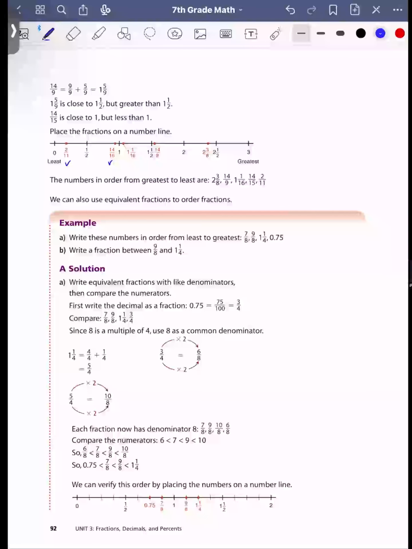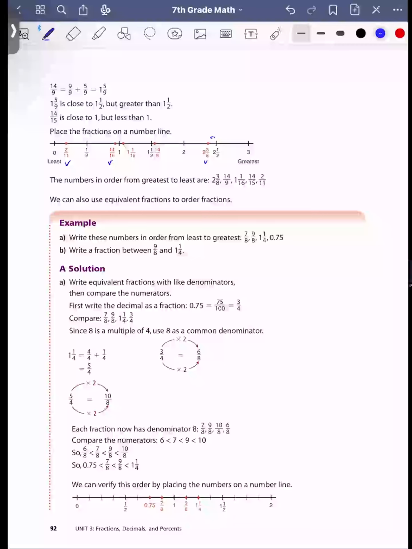And then we have 1 plus 1 over 16, which is slightly bigger than 1. And then we'll have 14 over 9. And then we'll have 2 plus 3 over 8, which is slightly less than 2 plus 1/2.